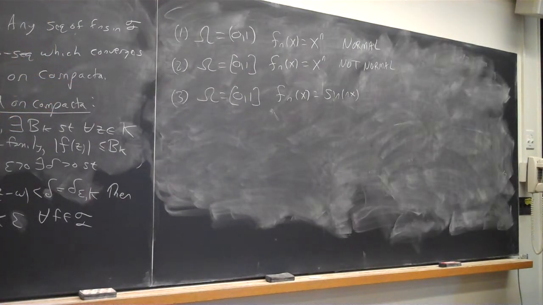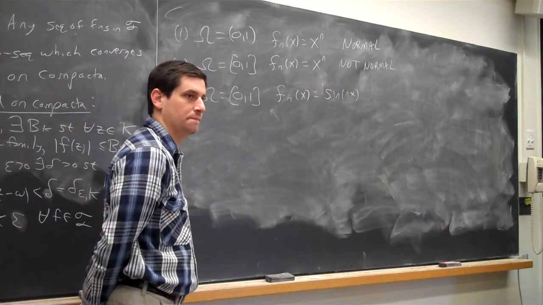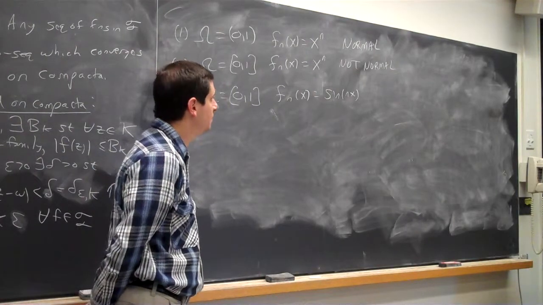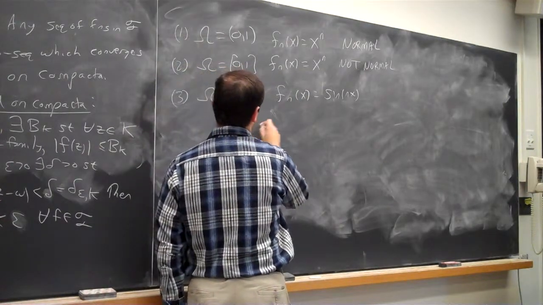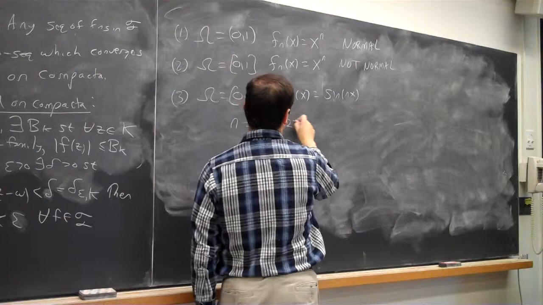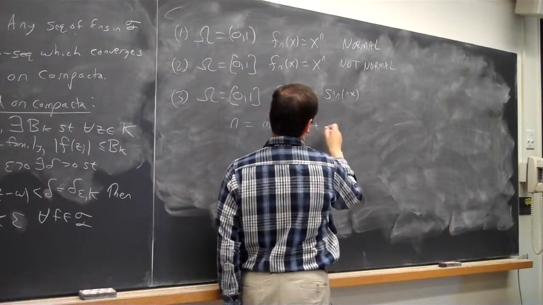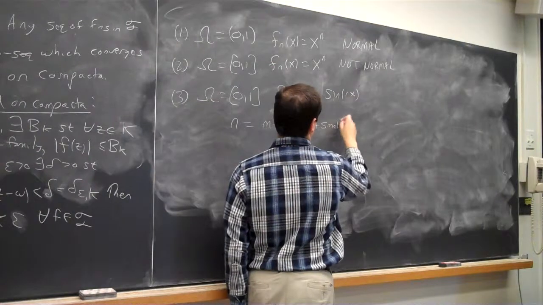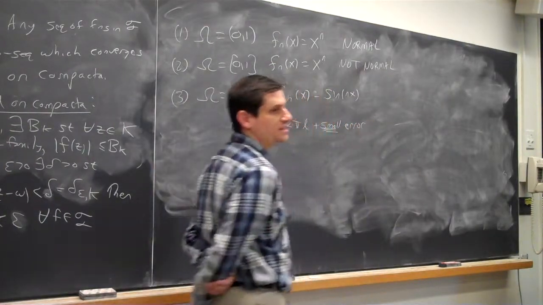The question is, can I find some subsequence where it's converging? And so what if I have n equals m plus 2 pi l plus small l? What if I had something like that?